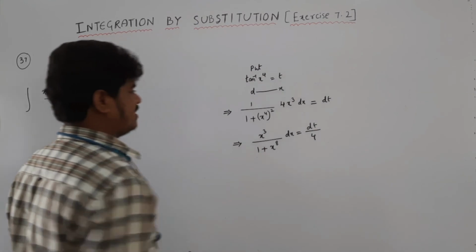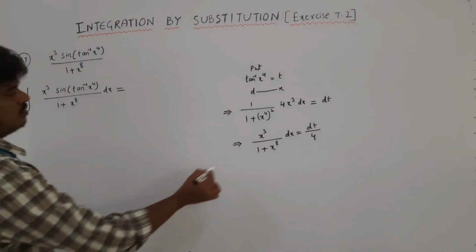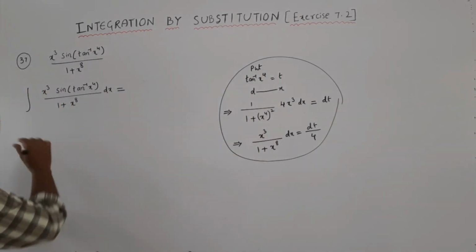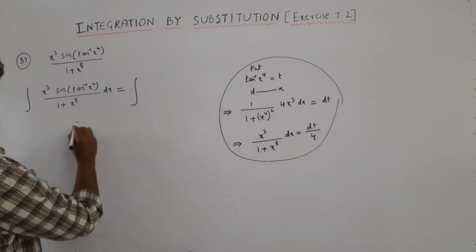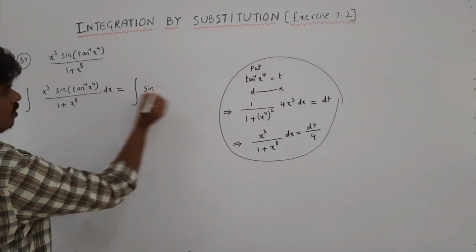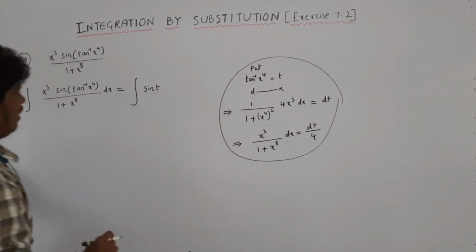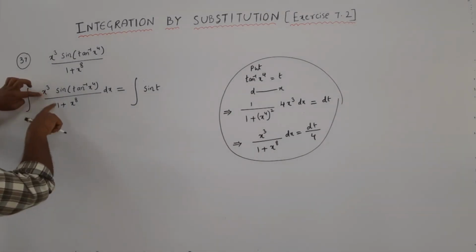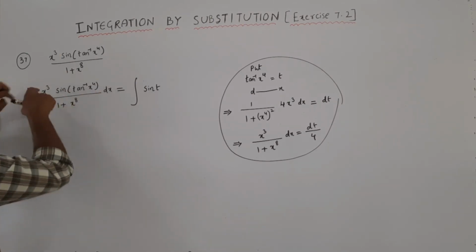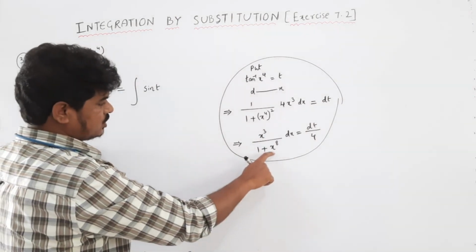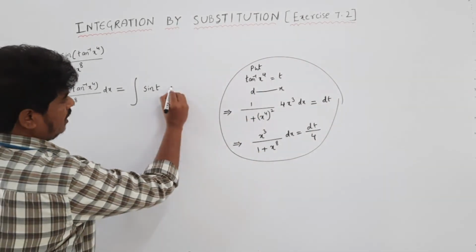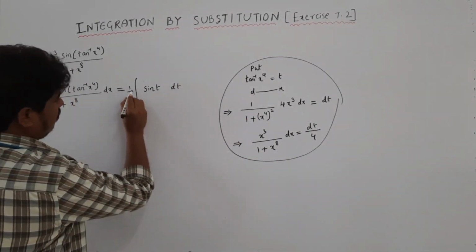Just write this for the right side. Now this is equal to the integral of sine of tan inverse x to the power of 4, which is t, times x cube divided by 1 plus x to the power of 8 dx. These terms will become dt by 4. I am taking dt here and 4 here.